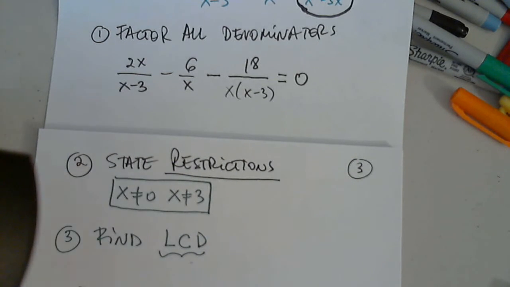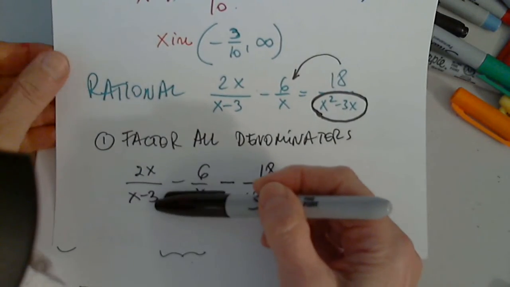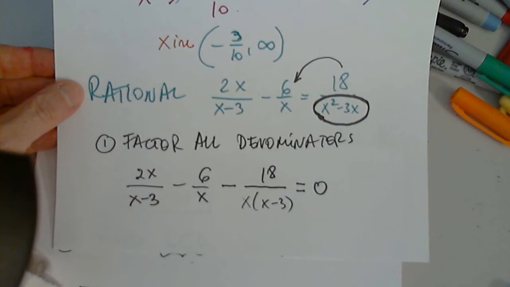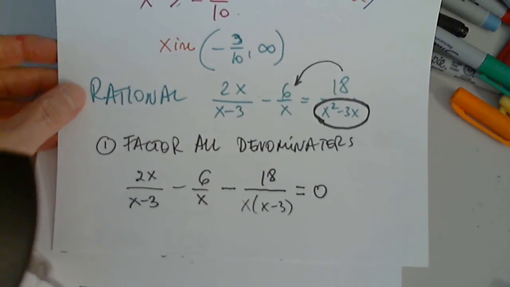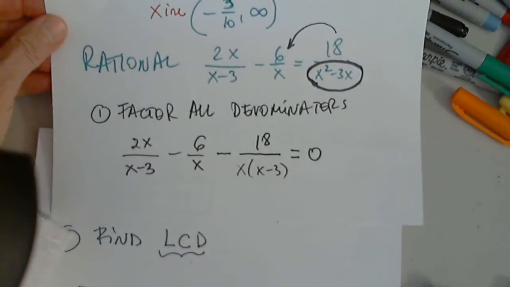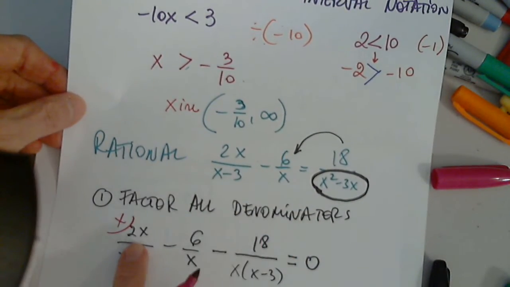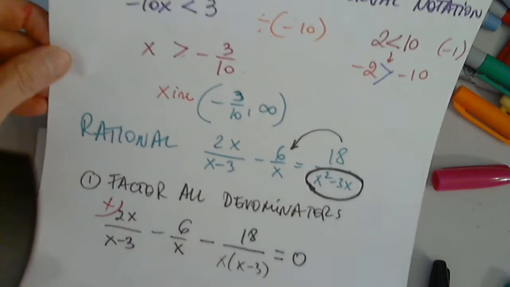Okay, perfect. Now, at this point, I asked myself, x minus 3 was multiplied by x to get x times x minus 3. Well, if I choose to multiply the denominator by x, I must multiply the numerator by x. This is just a reminder. Don't forget to multiply the numerator by x.